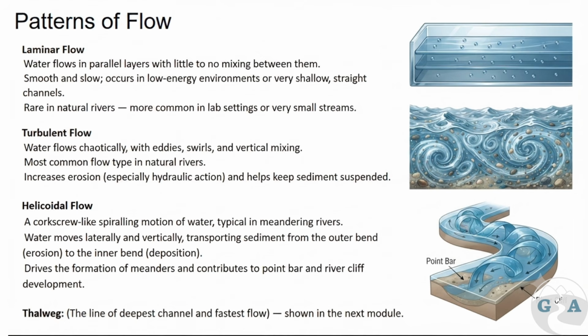Patterns of flow. This is a bit of a tricky one to visualize, but we've got different flows within the river. Laminar flow is the idea that there's no mixing, that it's a smooth action. Usually, you're not going to get this in normal rivers. In an actual confined environment, in a scientific experiment, we can create a flow where the river should be the same at every level as it's flowing.